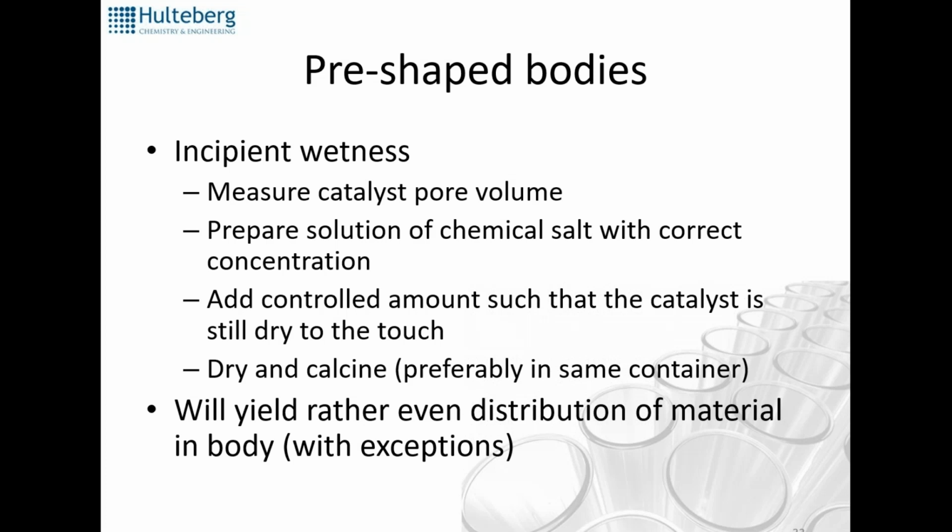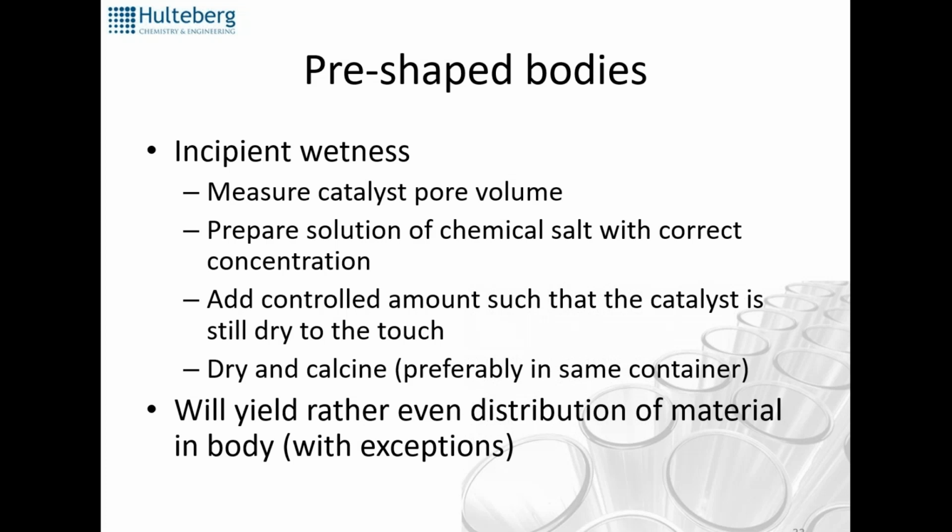So if you have a pellet, you will normally have the platinum, in this case for instance, distributed rather well inside the body. But you can influence this distribution rather drastically with the drying temperature.